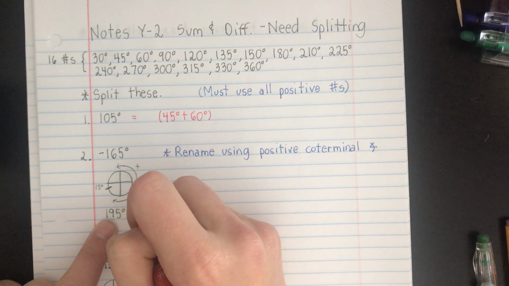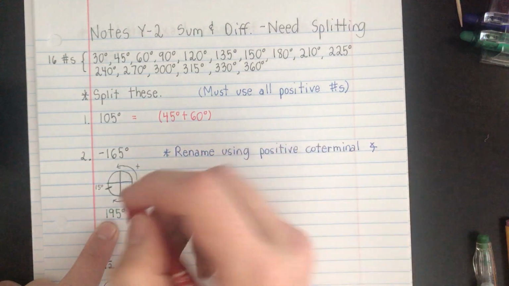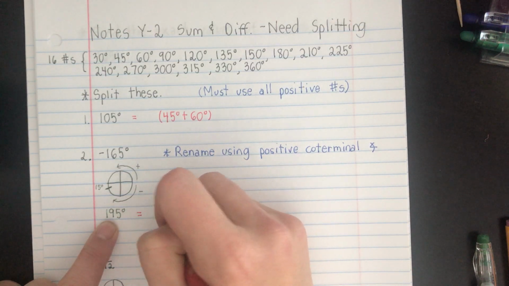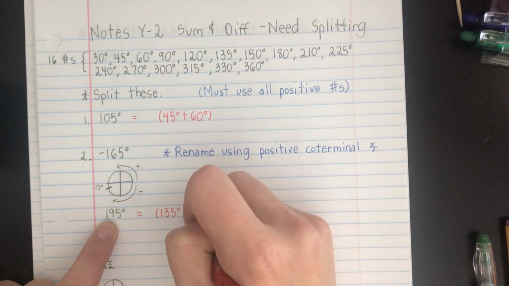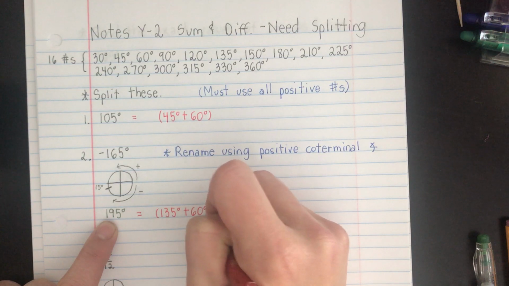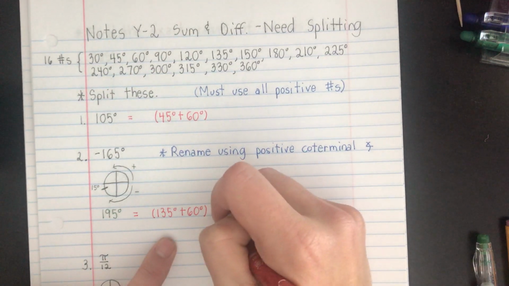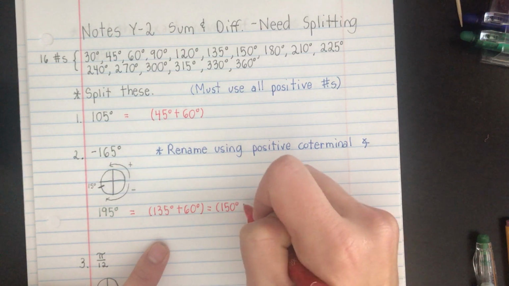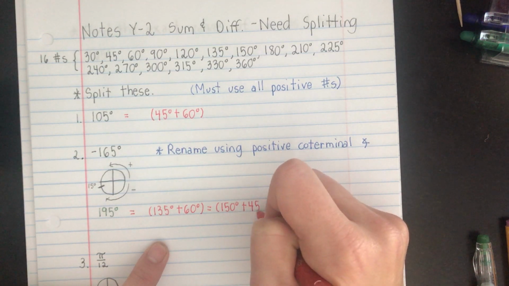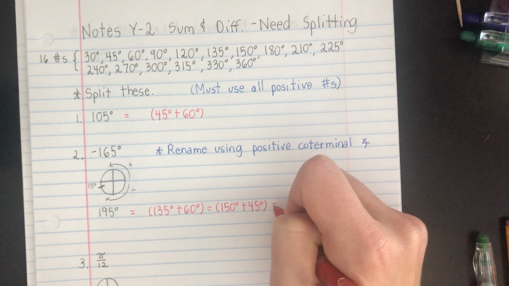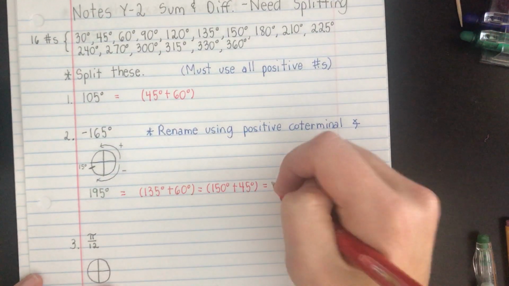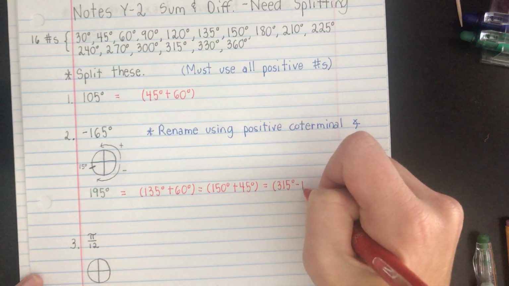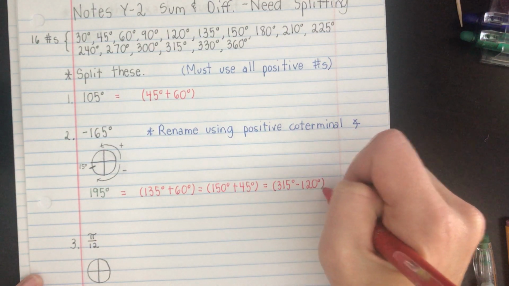So 195 degrees could be rewritten in many different ways. It could be 135 plus 60. It could be written as 150 degrees plus 45 degrees. It could be written as 315 degrees minus 120 degrees.